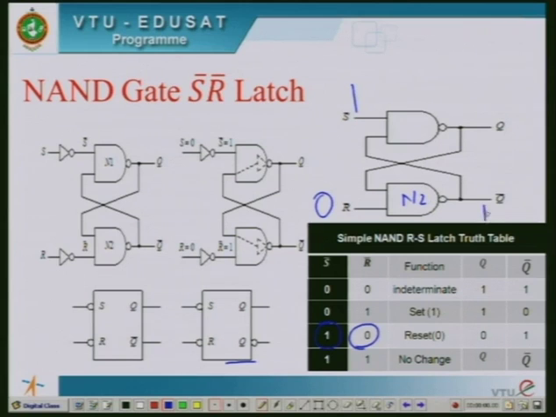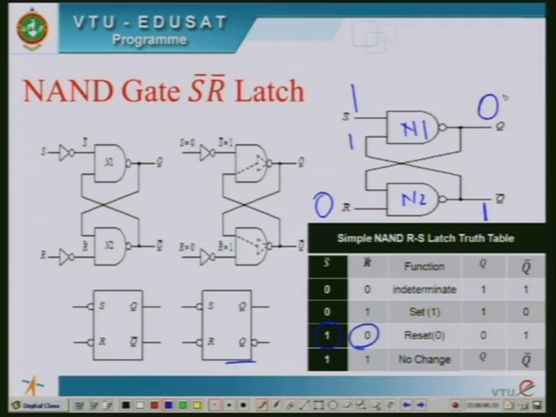N2 output will go to 1 state because one of its inputs is 0. You always have to see which input is 0. If one of its inputs is low, output of this gate will be high permanently. Now, this 1 is fed back to the first NAND gate N1 whose other input is 1. So, 1 and 1 is 1, NOT of that is 0, and therefore Q becomes 0.